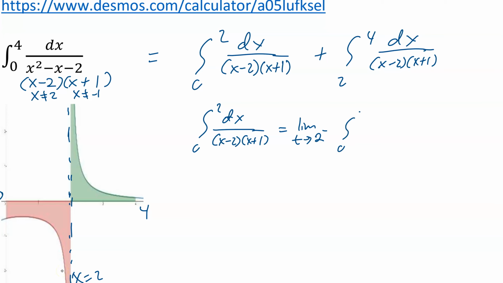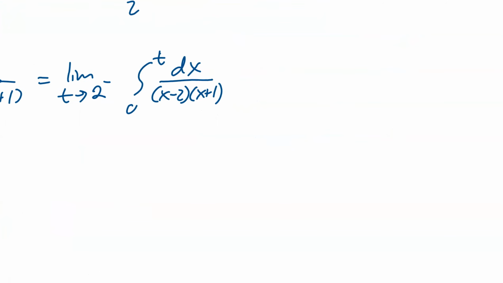Integral 0 to t, just like that. Now let's perform our partial fractions and go from there. So we know that 1 over x minus 2, x plus 1, is going to equal a over x minus 2 plus b over x plus 1.